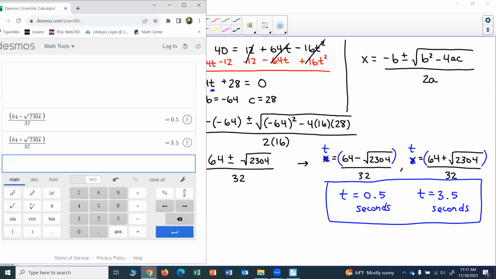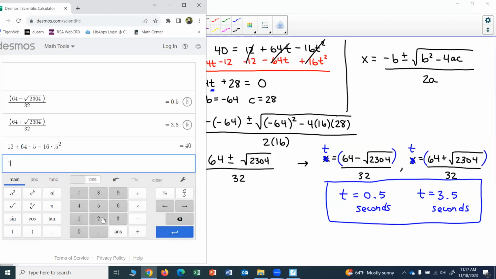So if I wanted to check, I would do the right side of this equation. So 12 plus 64 times 0.5 minus 16 times 0.5 squared equals 40. So the 0.5 seconds checks out.